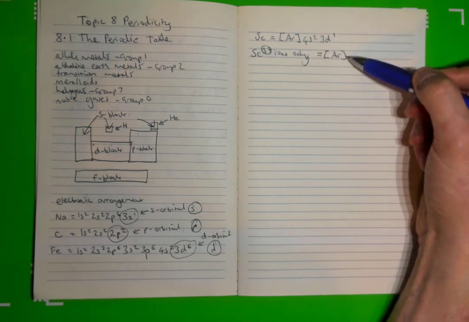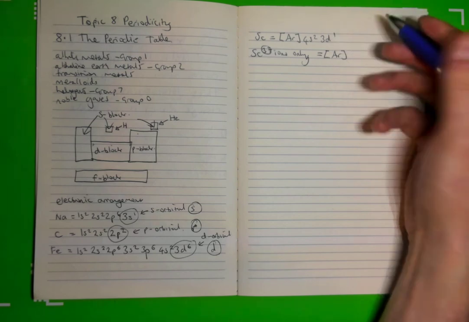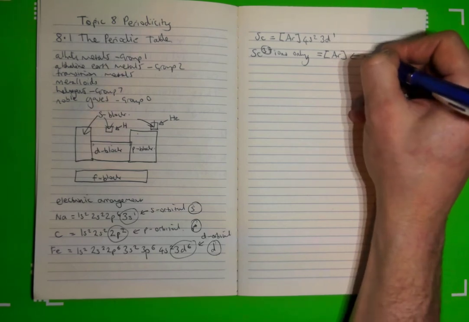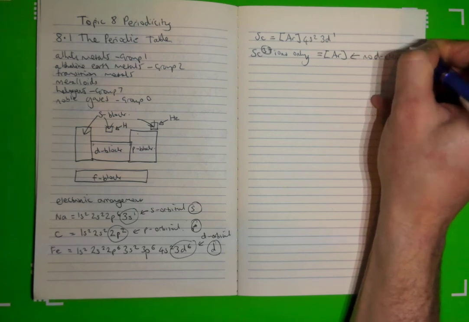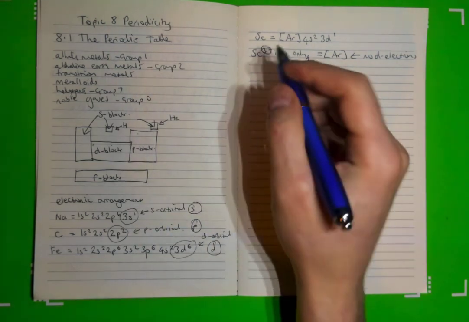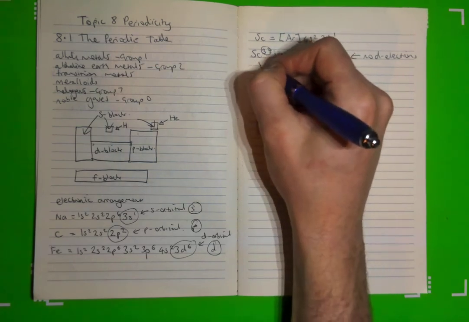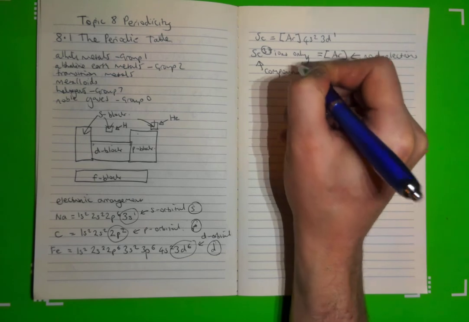Now, argon, we know, doesn't have any d electrons. So there's no d electrons in Sc3+. Okay. So when scandium forms a compound, the ions in the compound are always 3+.